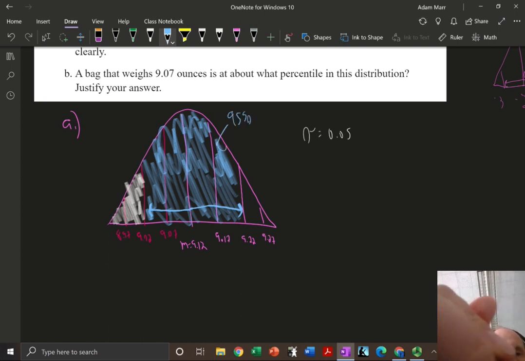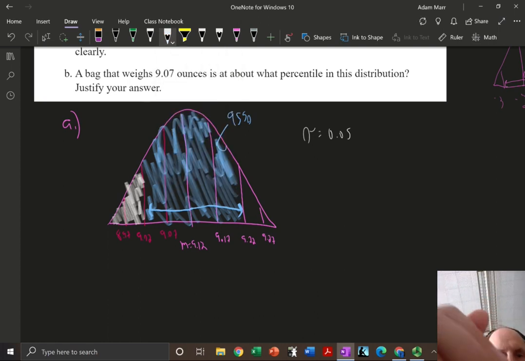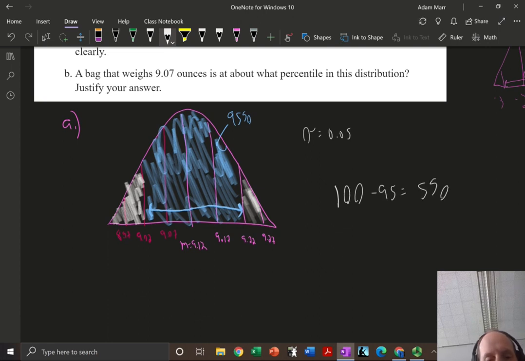So this chunk to the left that I already shaded, and this chunk to the right, represent 100 minus 95, which is 5% of your data. Now, we only want that left-hand chunk, and it's symmetric. So all we have to do is say 5% divided by 2, and that is going to equal 2.5% of your data.